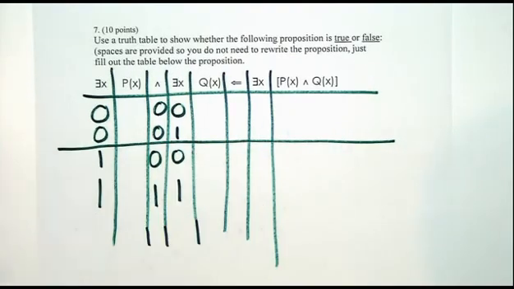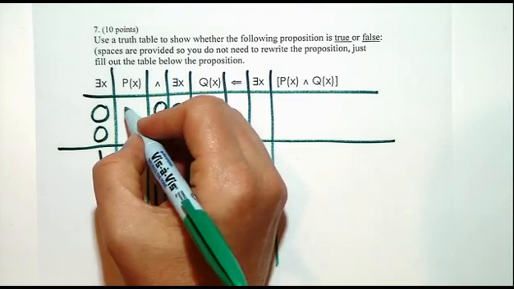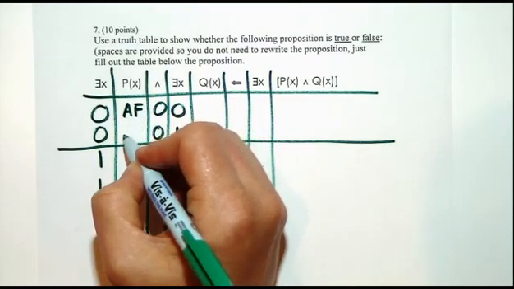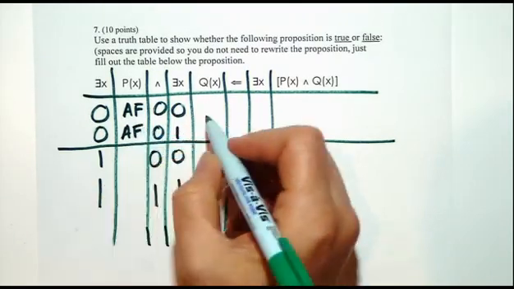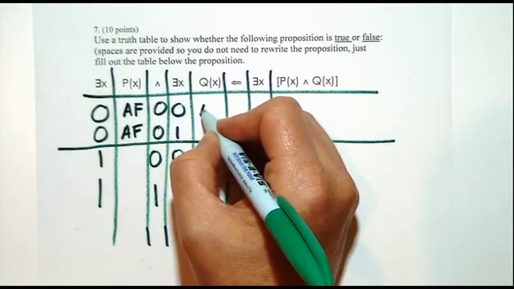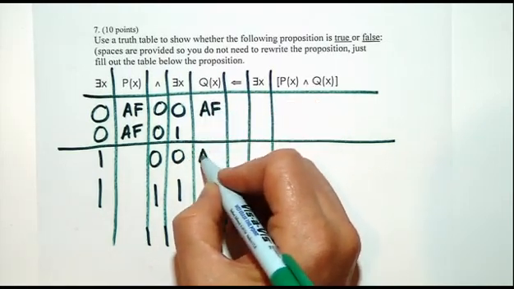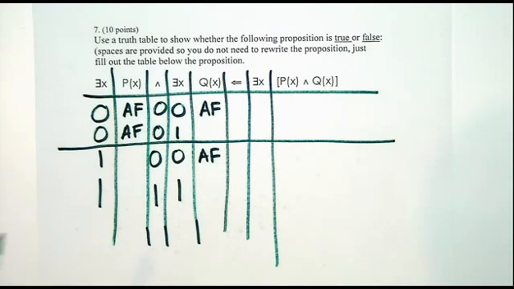What can we say about the frequency of P of x? It's all false. So everywhere we have a there exists and something to figure out for it, we're going to put all false. And then everywhere we have a 1 for a there exists and we're trying to figure out frequencies, we're going to put at least one true, right?